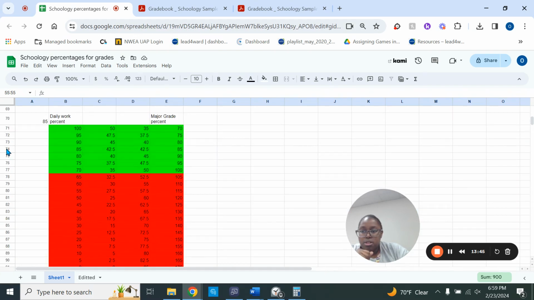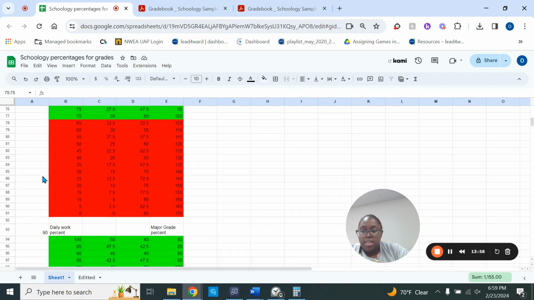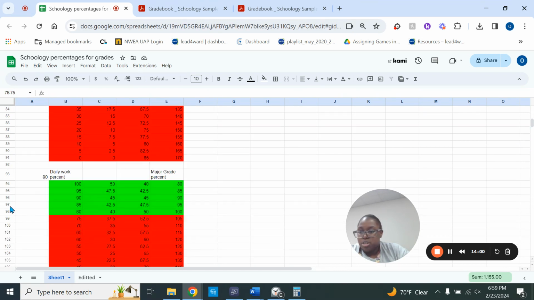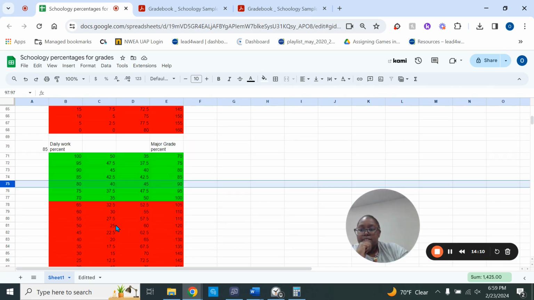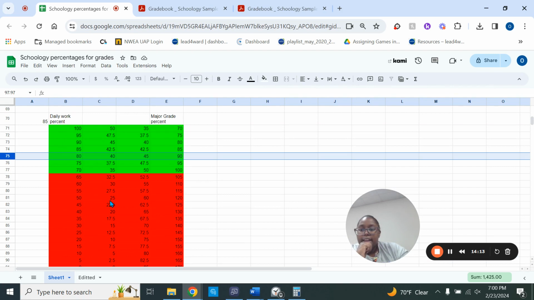So I'm trying to see where they actually cross. So here's the 80, 90. This one is close. So they're somewhere in the 85, maybe 90 range. Yes, so this particular student is somewhere between 85 and 95. So they may have an 86, 87, 88, or 89.